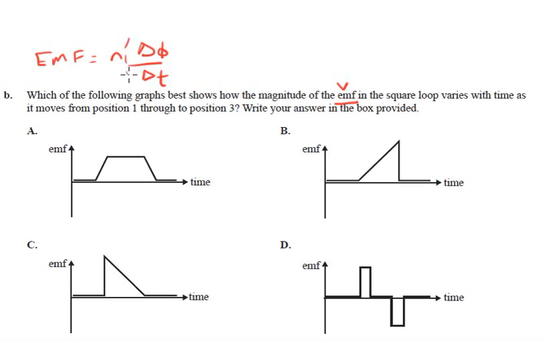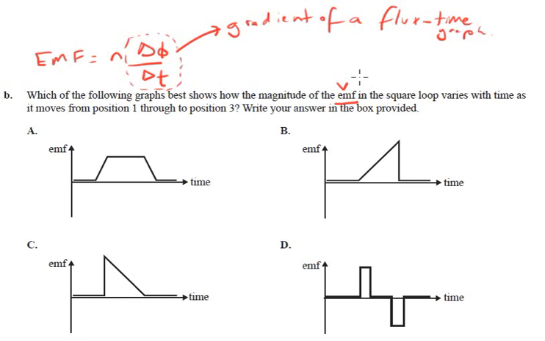Now for those of you who are doing methods or have done methods or specialist maths, you'll know change in flux over change in time is a gradient of a flux time graph. And guess what? In question 8a, we just had a look at a flux time graph.